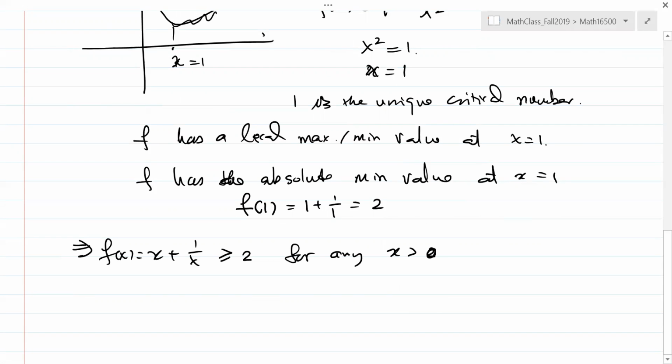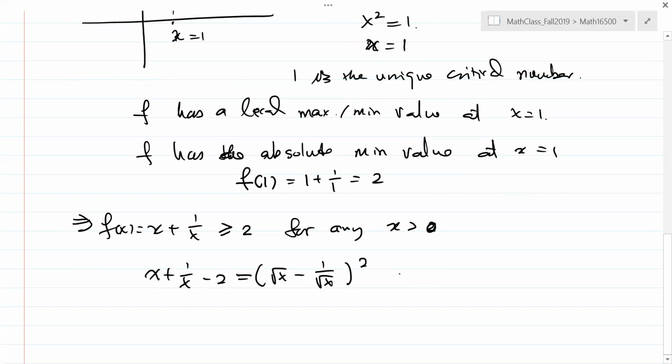Actually, this can be proved directly without using calculus. How to do that? Okay, x plus 1 over x minus 2 is going to be the square of the square root of x minus 1 over the square root of x. Okay, and that is actually always going to be greater than or equal to 0, guaranteed, right? For any x greater than 0.